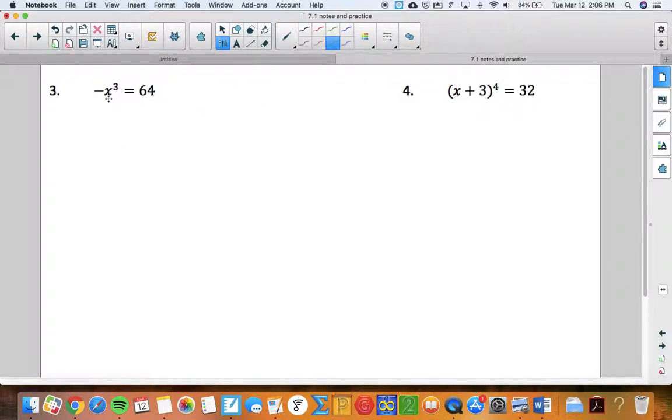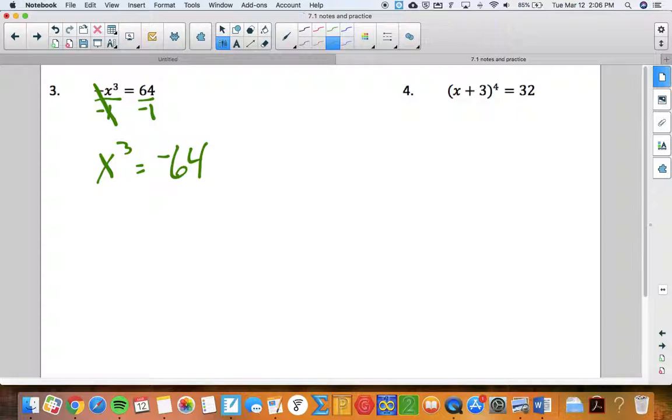Number 3, x is getting multiplied by -1 and raised to the power of 3. Undo multiplying by -1 by dividing by -1. So this undoes the -1 out in front. Oofda. Started saying something goofy there. Sorry about that.